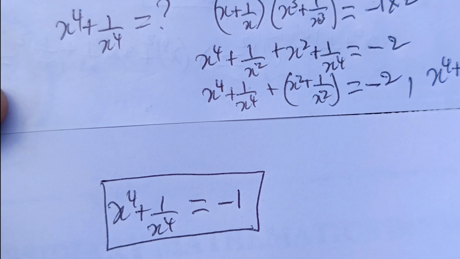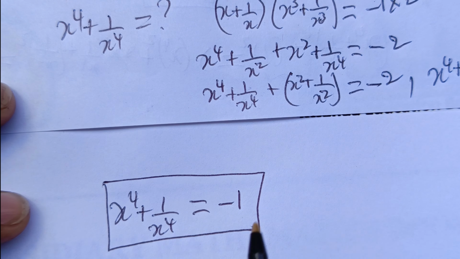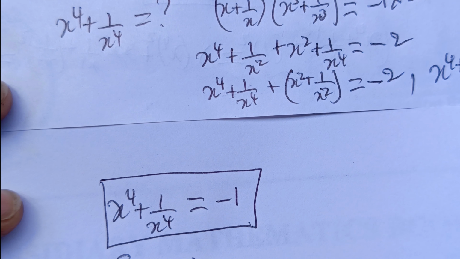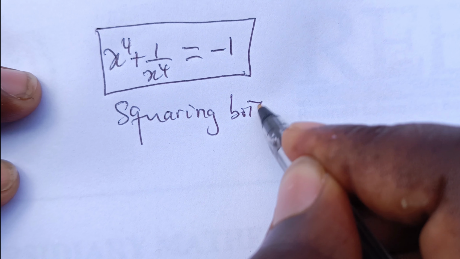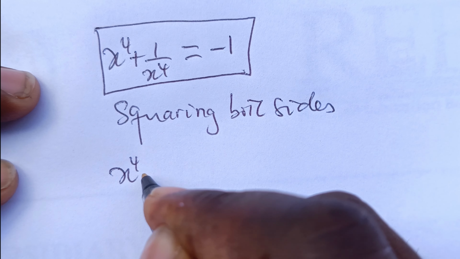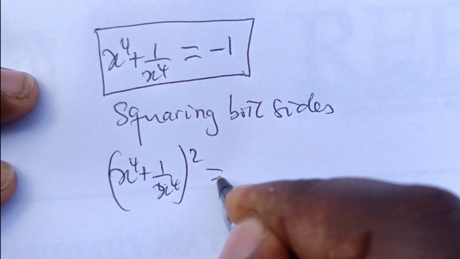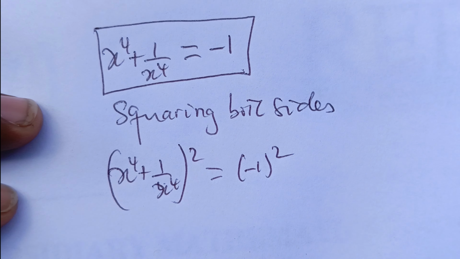Okay, what will happen here if we square both sides? Squaring both sides, we have (x^4 plus its reciprocal)^2, and this is (-1)^2.